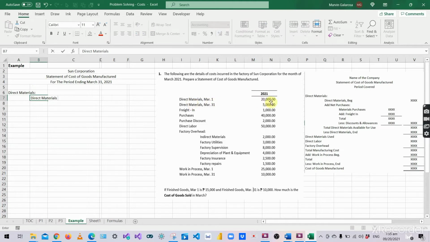Direct materials March 1 amounting to 20,000. Then add net purchases.